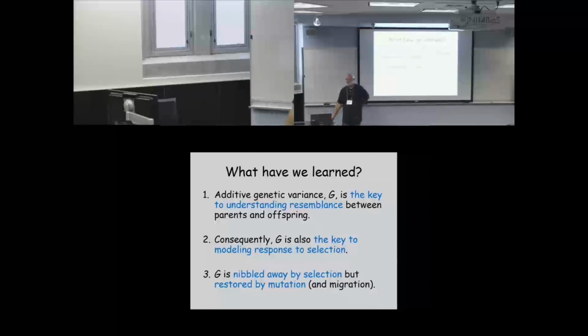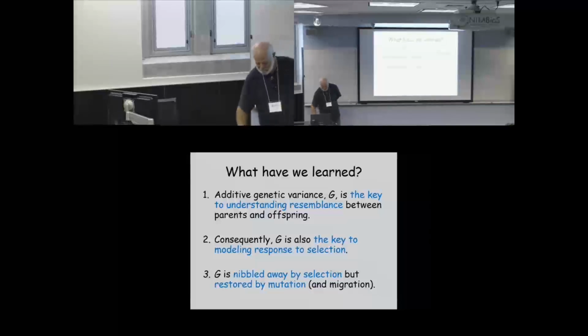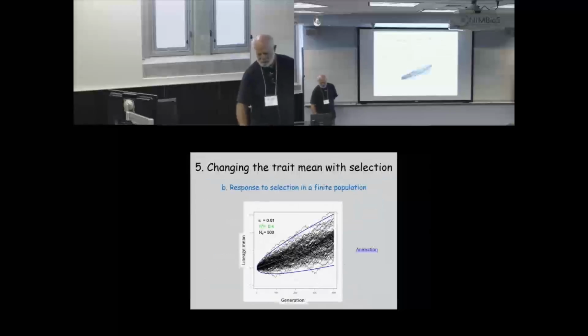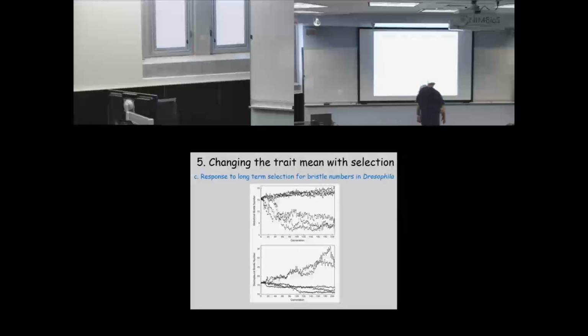So the question I have, going back to your response to selection slide, the one before this one. Oh, you mean the bristle number. Bristle numbers? Yeah. It's always nice to look at the real world, isn't it? So it looks like, depending on your force of selection, the evolvability is going to be asymmetric. Is that a reasonable conclusion? Well, you know what's happened?